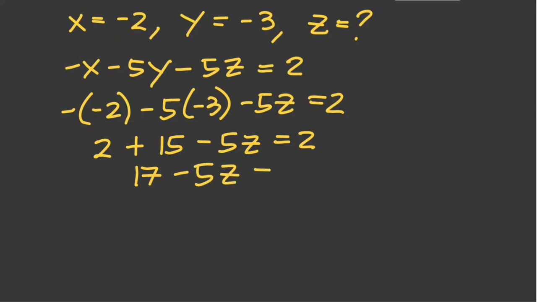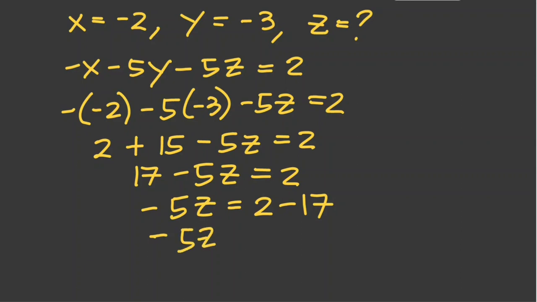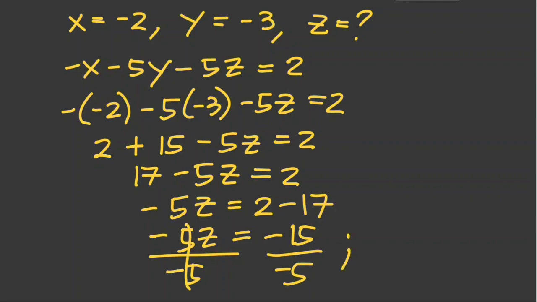Minus 5z equals 2, so negative 5z equals 2 minus 17, that is negative 15. You divide both sides by negative 5. Therefore, z is equal to 3.